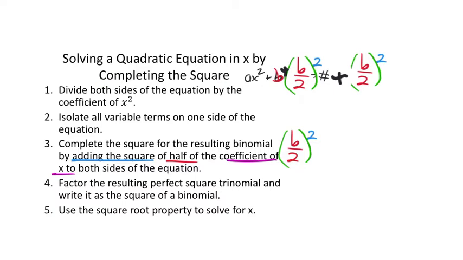The a is 1, by the way, but this part ends up being a perfect square trinomial, meaning you'd have x, plus or minus, whatever b over 2 is. And then it equals whatever you have on the other side, which you can just put into a calculator. I know this probably isn't making a ton of sense right now. Hopefully the example will, but you factor the resulting perfect square trinomial and write it as a square of a binomial.